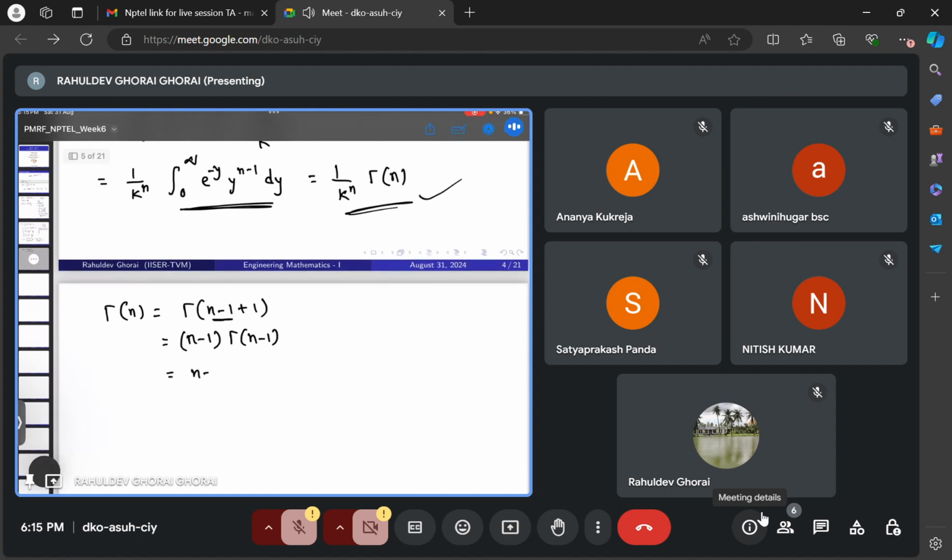Again, you write n minus 1 as n minus 2 plus 1, so that will be n minus 2 times gamma of n minus 2. It will keep on going, so you can write it as n minus 1 factorial, right? So gamma n is n minus 1 factorial, you have to remember. That is not n factorial. Gamma n is n minus 1 factorial, okay?